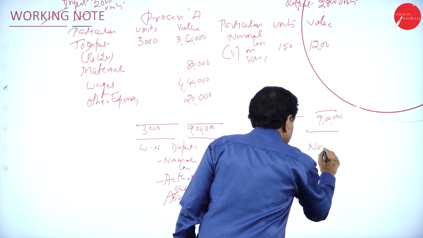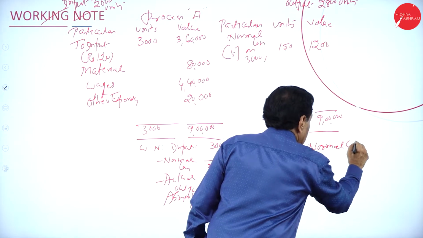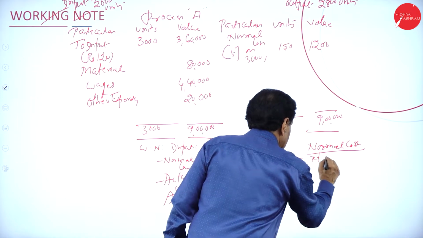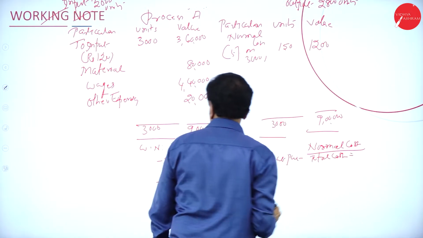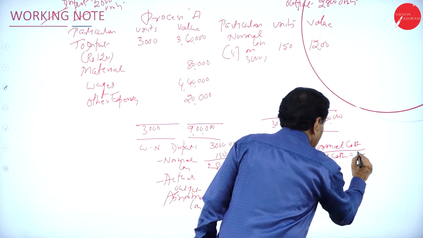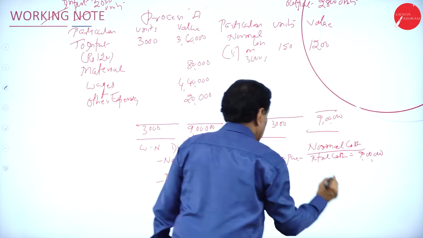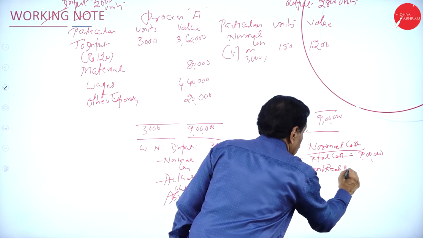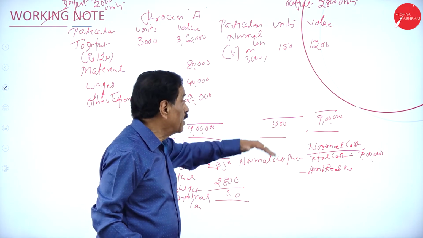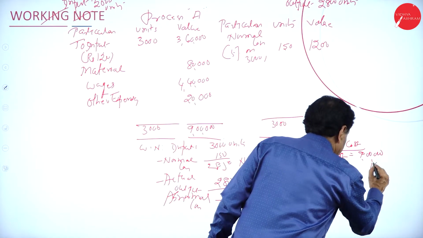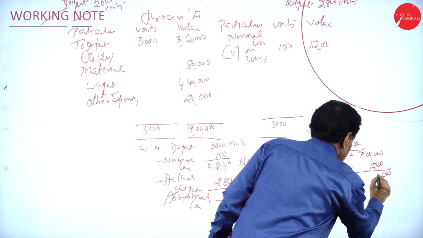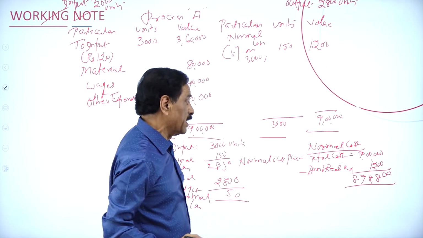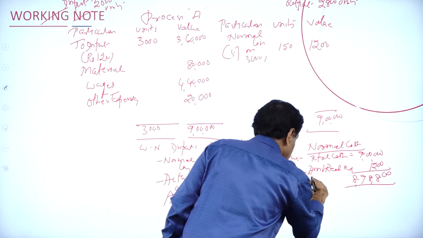Normal cost. Total cost is 9 lakh minus amount realized. The total cost is 9 lakh minus amount realized 1,200. 8,98,800 is the normal cost.